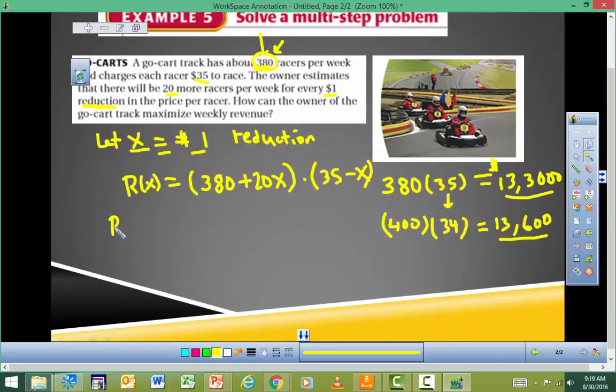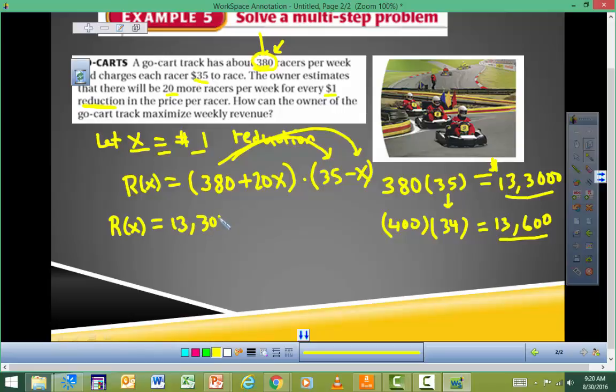You don't have to write any of this down in your notes, but there's an example in your book just like this. If I take 380 and multiply, all I'm doing is the FOIL method, right? You guys learned that back in Algebra 1. 380 times 35, that's the original 13,300.